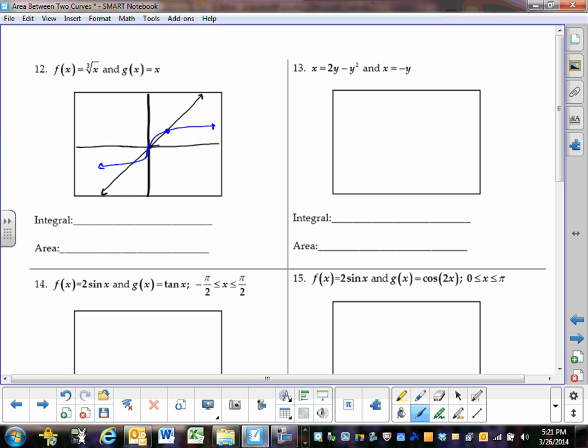So we have our intersections at (0, 0), (1, 1), (-1, -1). So from negative 1 to 0, it's line, which is g of x, minus curve, which is f of x, dx. Plus, from 0 to 1, it's the curve on top, so f of x minus g of x, dx.